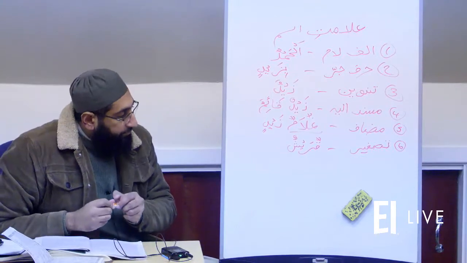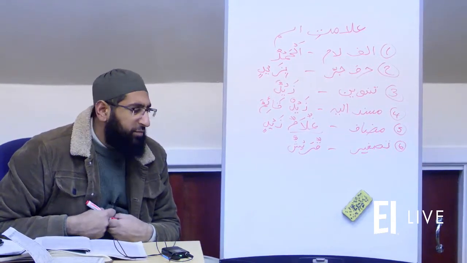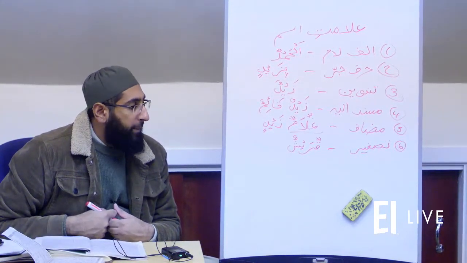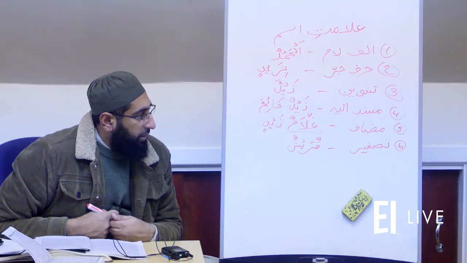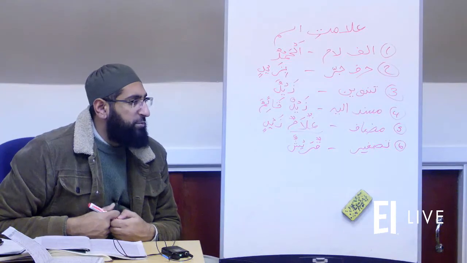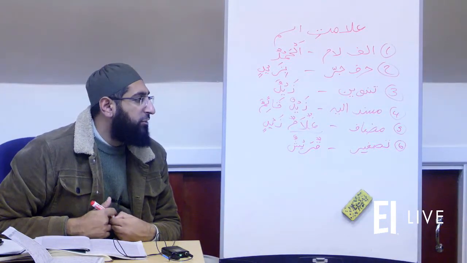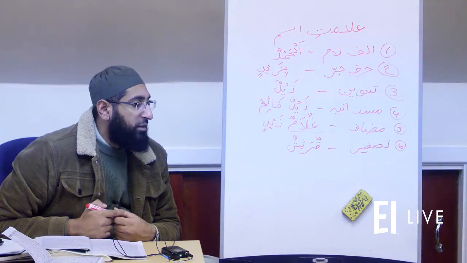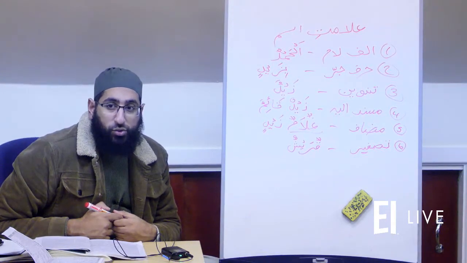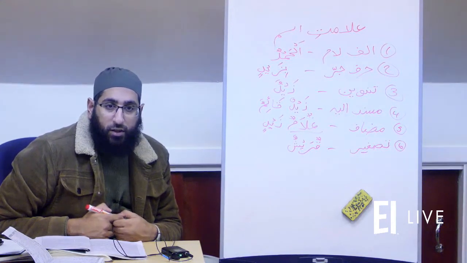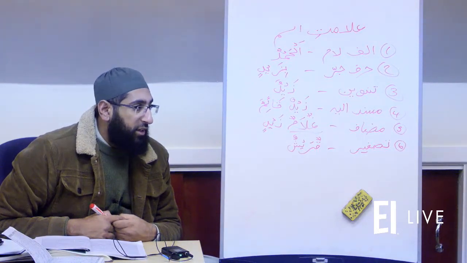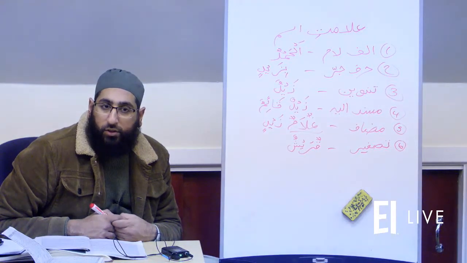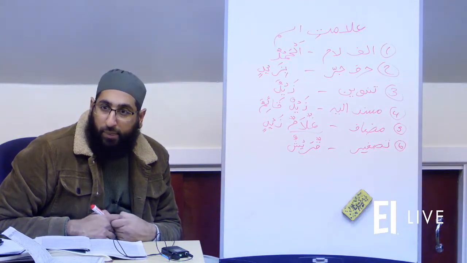Now here, tasgheer, it'll come later on somewhere, and it's a point where when you do tasgheer of something, tasgheer just gives that minute, small kind of meaning. Yes? Suhail, Suhail. Suhail will be the tasgheer of Sahil, if you like. Yes?